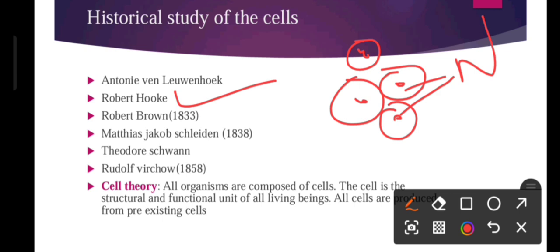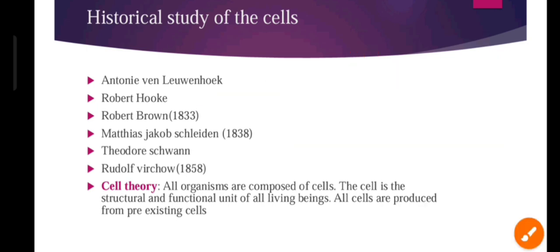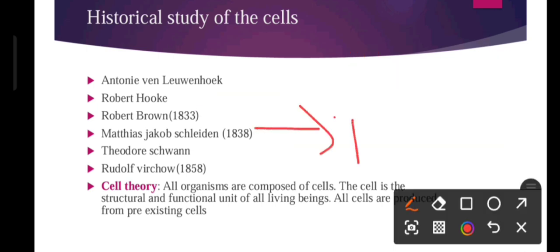Then Jacob, a German botanist, proposed that all plants are composed of cells. Okay, all plants are composed of what? Cells. And then many years later, Theodore Schwann came to the same conclusion about animals.